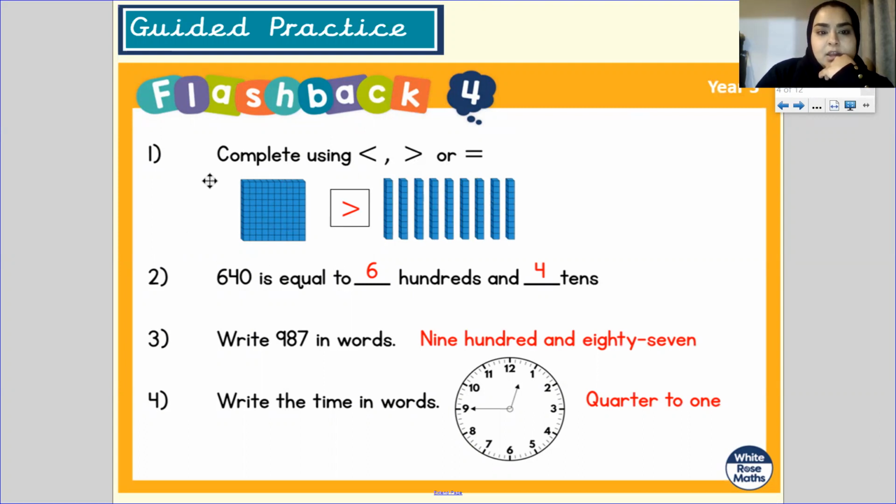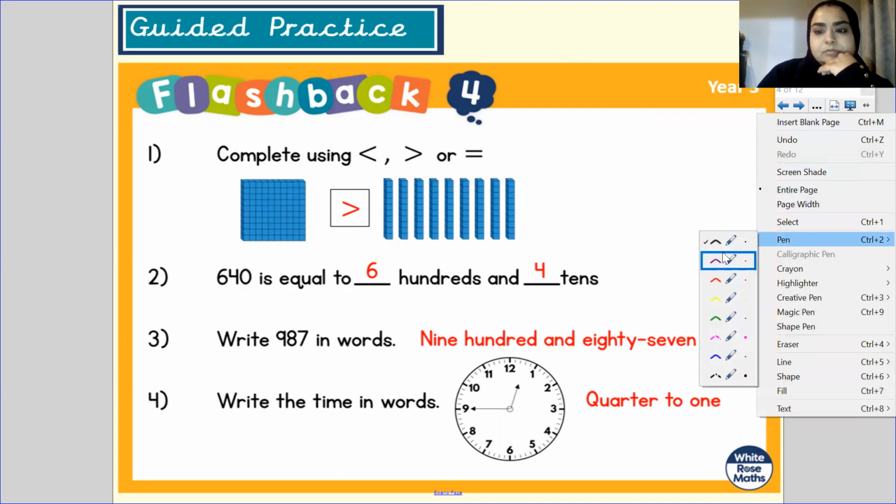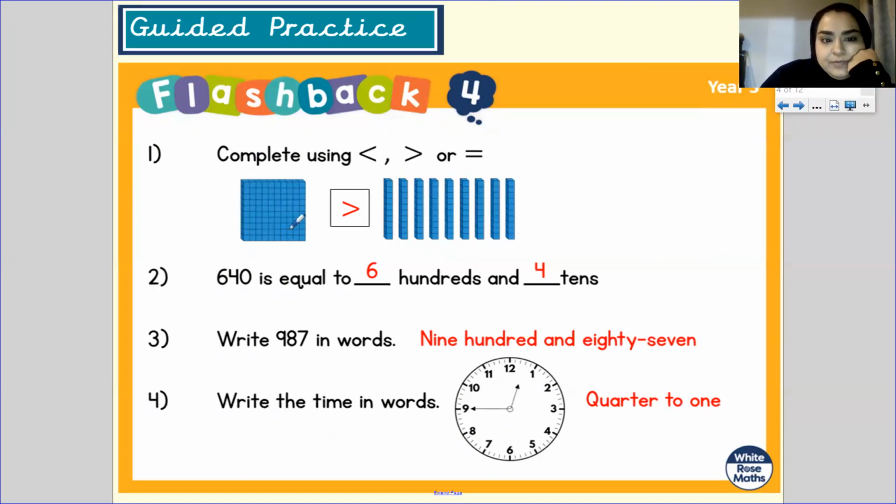You need to complete this basically. So if we look at our resources, we've got the 100 square and we've got the 10 sticks. Let's work out how much we have. So we know this is 100 square, so that is 100.